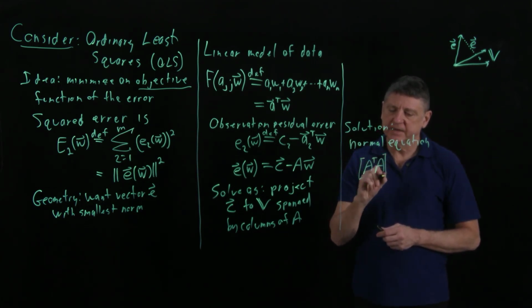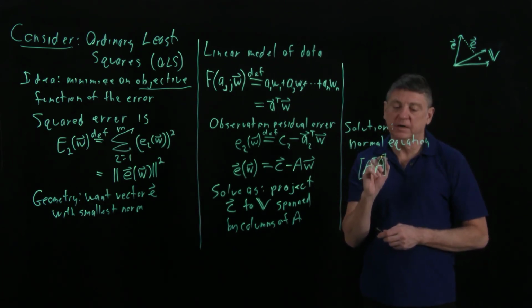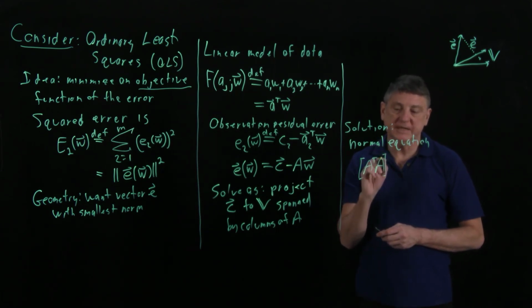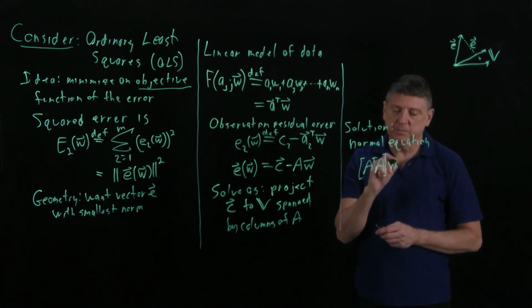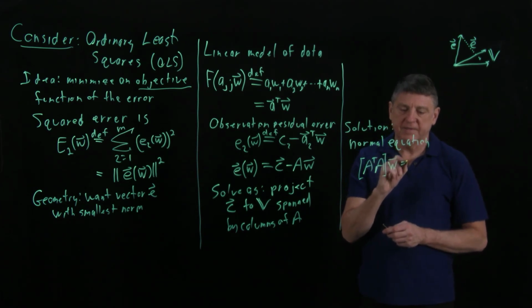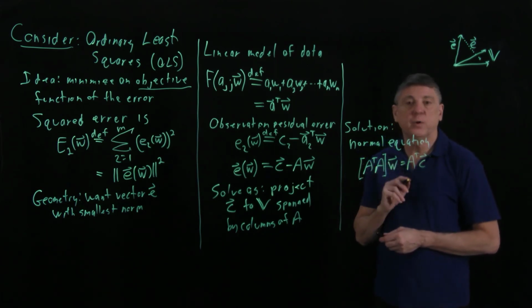If the columns of A are linearly independent, then A transpose A is full rank, it's symmetric, and by construction it's symmetric positive definite. We multiply that by W, and that gives us A transpose C, and we can solve this linear equation for the weights.